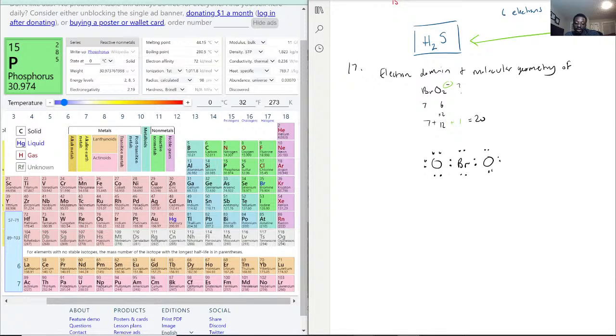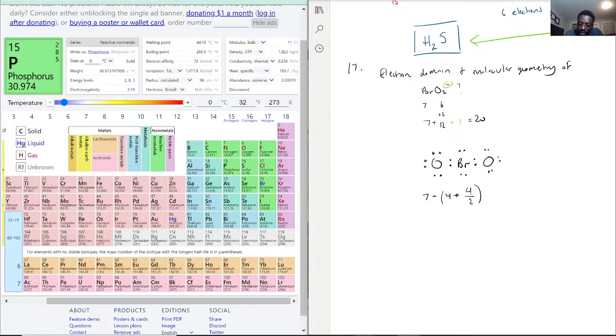2 more lone pairs. And we want to see if this is its favored stability. Each one has 8 electrons. Bromine, as we know, has 7 valence electrons, and now we subtract the lone electrons, that's 4, plus the bonds, that's 4 electrons in bonds divided by 2.